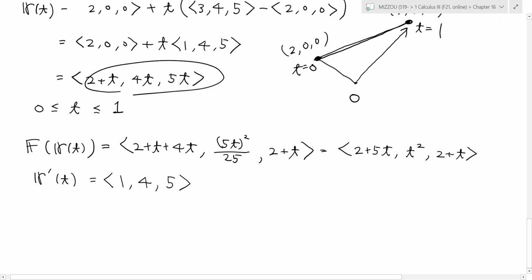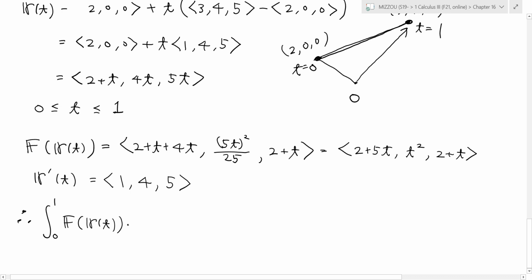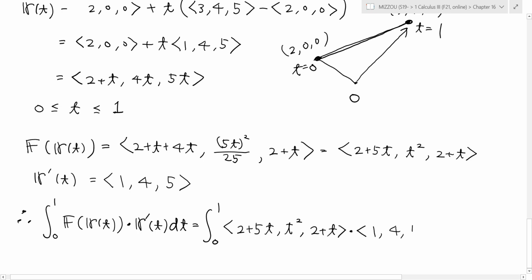So therefore, the upshot is that the given line integral is computed as this dot the derivative, that is the integral from 0 to 1 of 2 plus 5t, t squared, 2 plus t dot 1, 4, 5 dt.